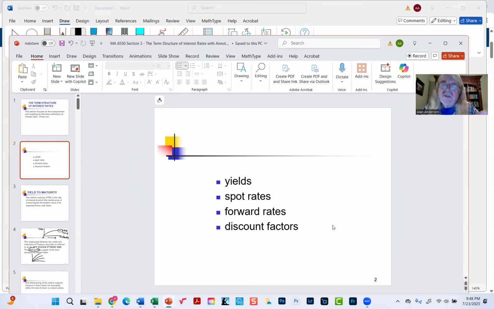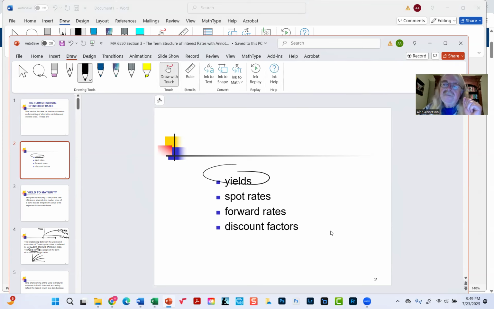So here's an example of what I mean. Like all those yields that we saw in the treasury market, if we do need spot rates, it's important to be able to take those and convert them into spot rates. So if I'm trying to price, for example, an option on a treasury bond, I'm going to need the ability to convert all those yields that I saw in the yield curve into spot rates.